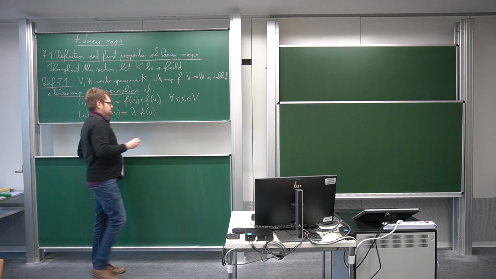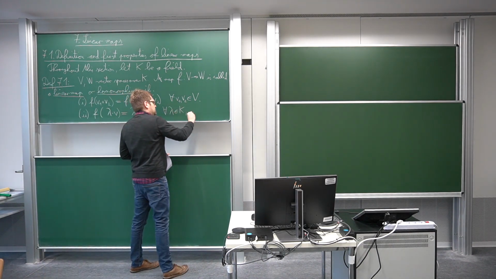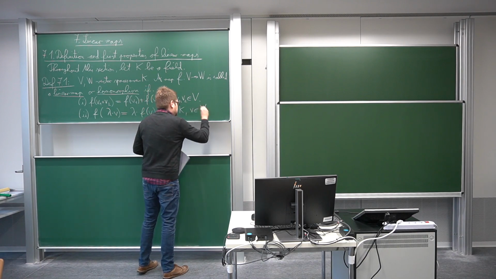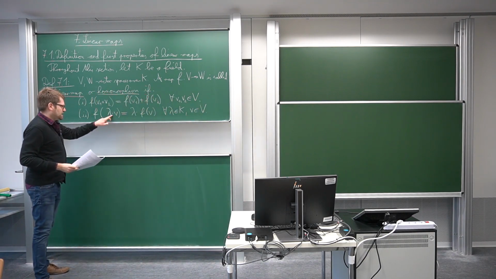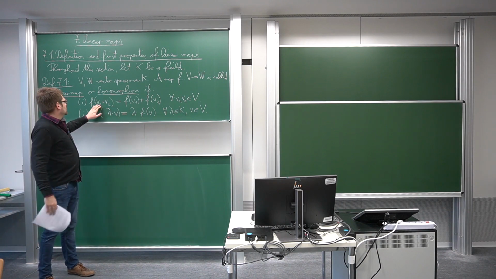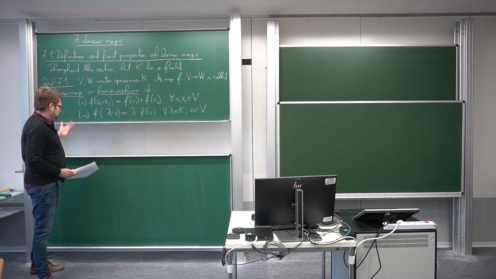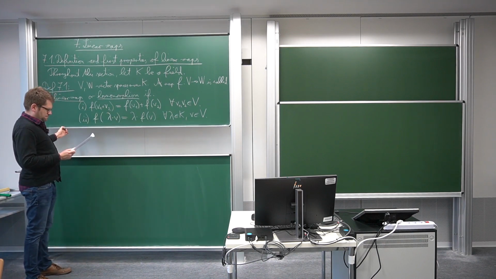That's the idea. And this should be for all lambda in K and V in our vector space V. So this is scalar multiplication in V, this is scalar multiplication in W, and the same way this is the addition in V, this is the addition in W. So they are interchanged with one another.